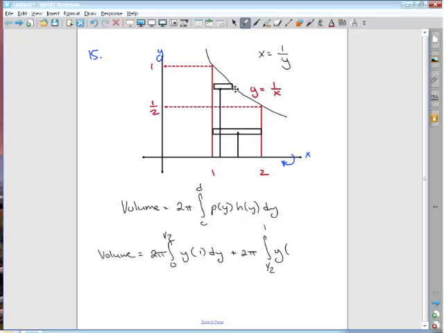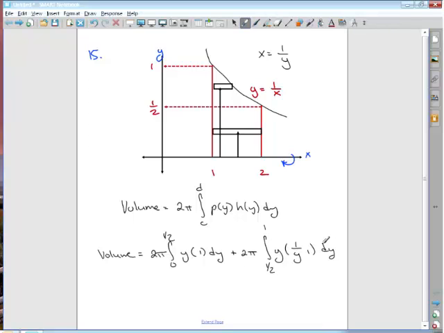And the height is going to be the upper curve, which is 1 over y. So we're using this version, 1 over y. And we're going to subtract this distance, which is 1. And the whole thing is going to be multiplied by dy.